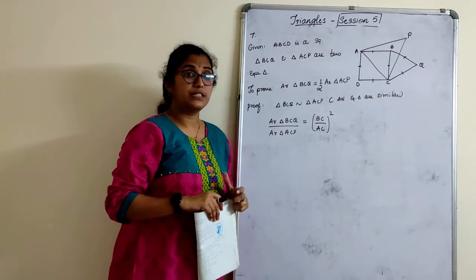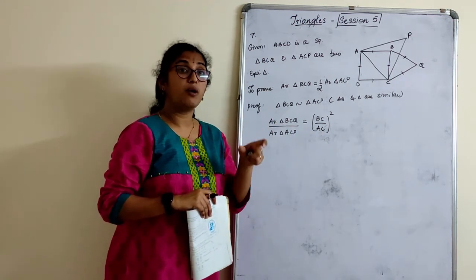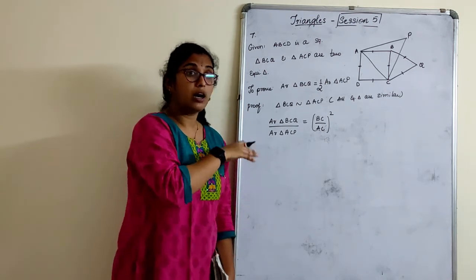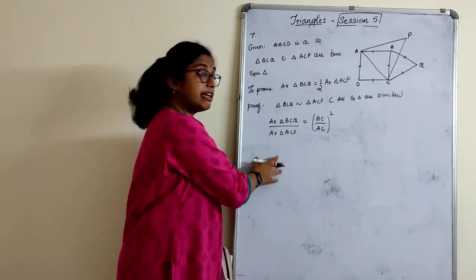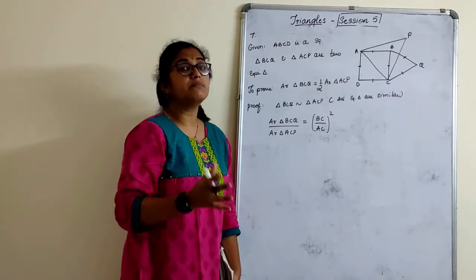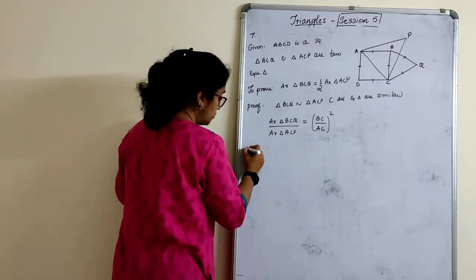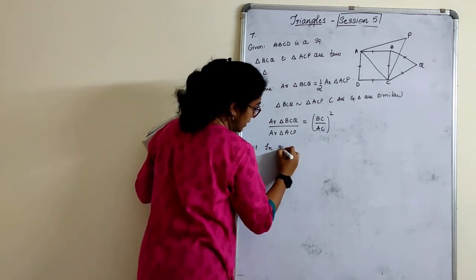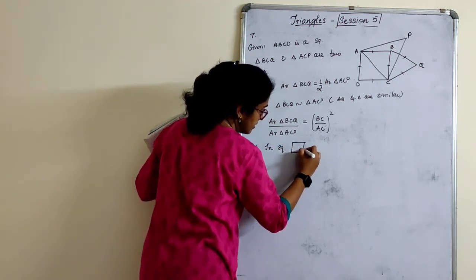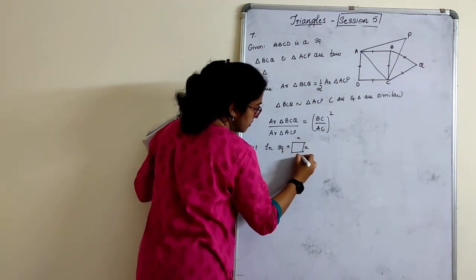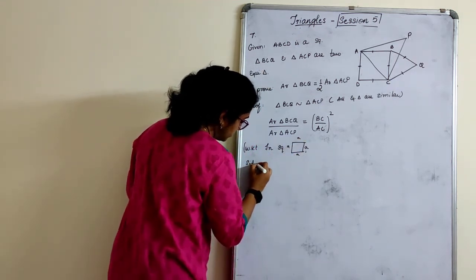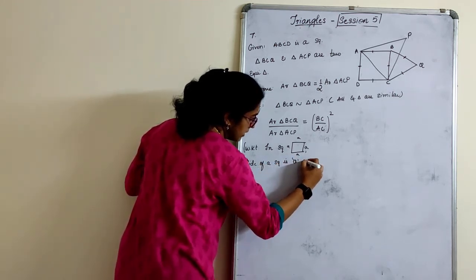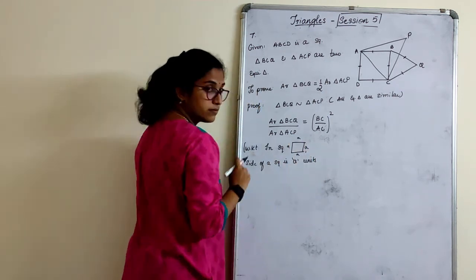What is the measure of a diagonal of a given square? There is a formula to find it, and that is a known concept. Here I will show how to find it, but in examination you need not write that. You can just remember what the measure of a diagonal is. So we know that, if I consider this as a square, the side of the square is a units.